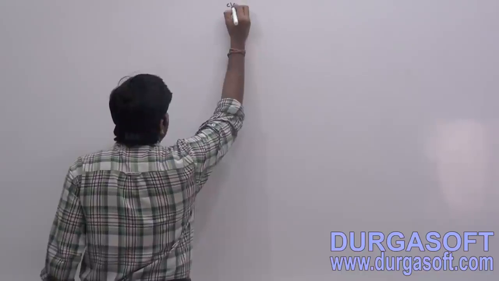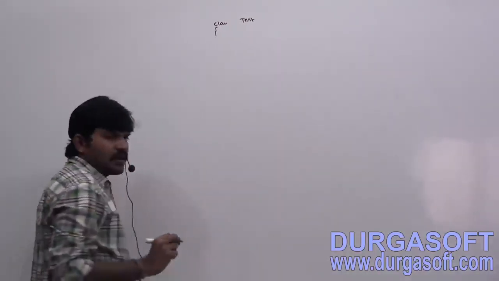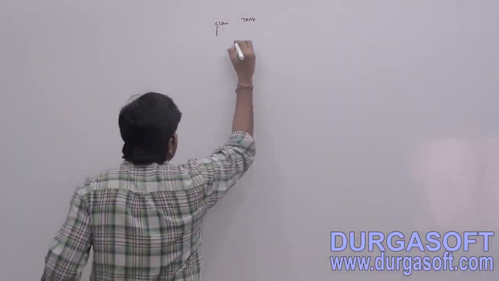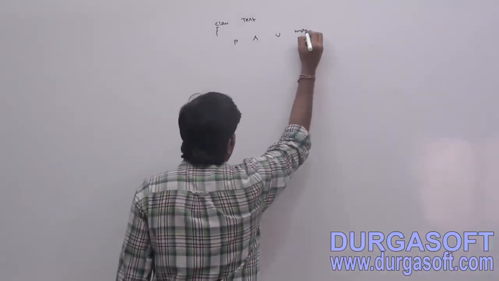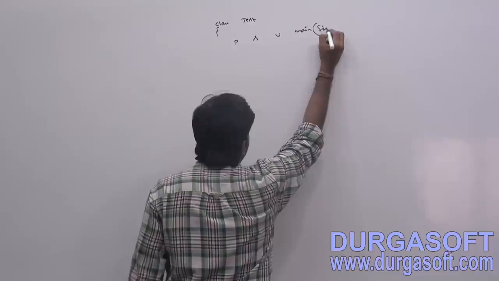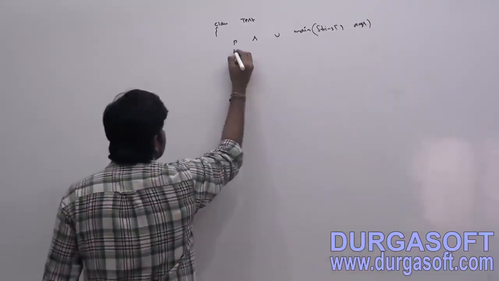I'm taking a class Test. Now public static void main, public static void main String array args.